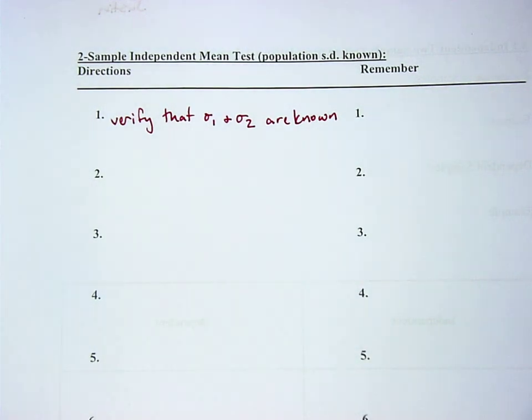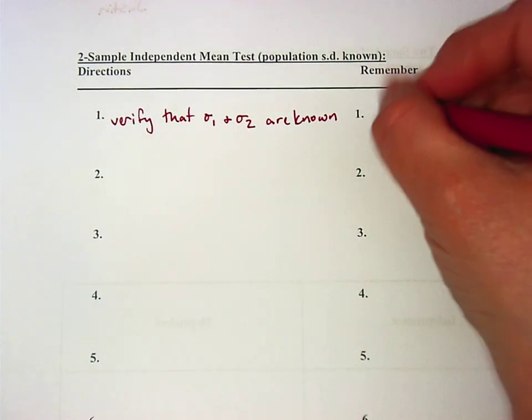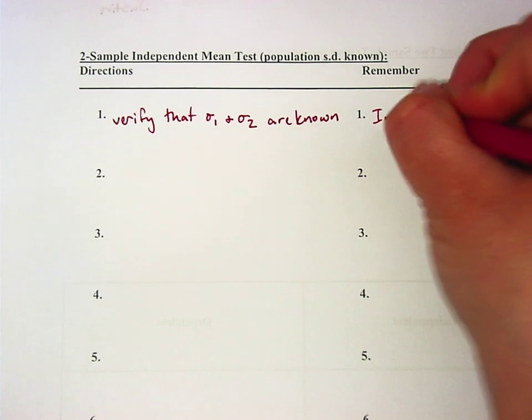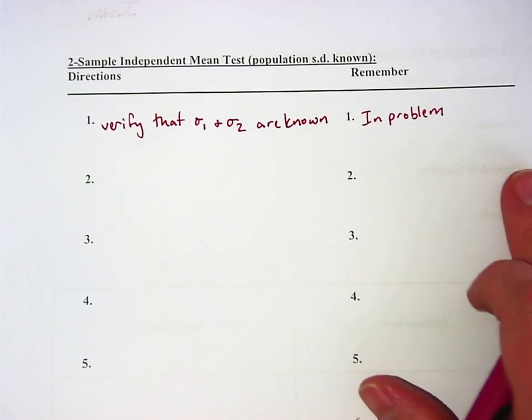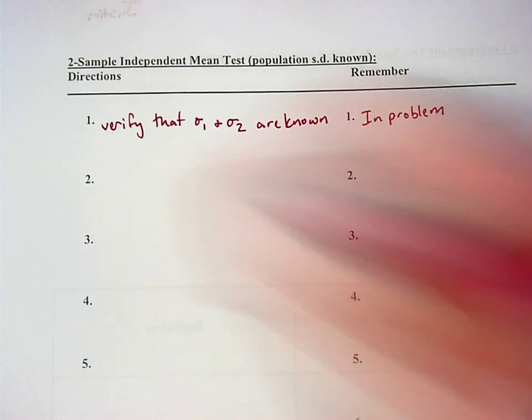This is a 2-sample z-test. This is in the problem. Then you write your null and alternative.